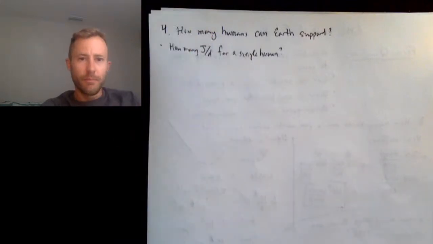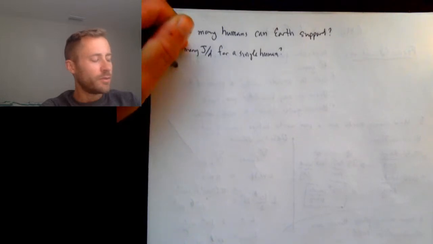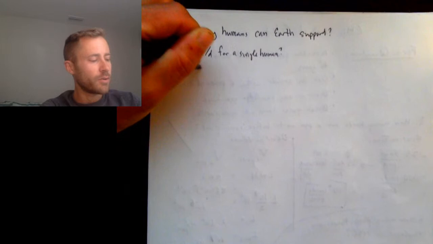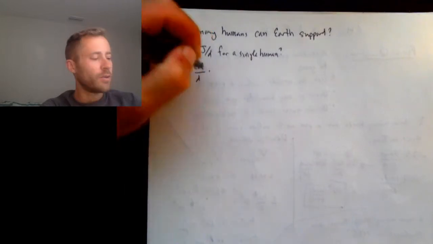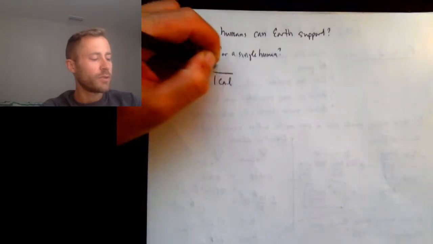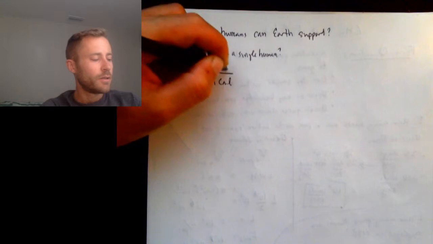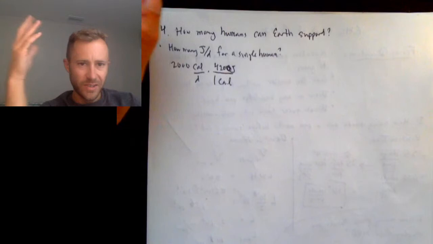So a single human, it's recommended that you eat 2,000 calories per day. All right. And I happen to know that 1 calorie is 4,200 joules. Okay. So this is kind of where physics knowledge comes in.